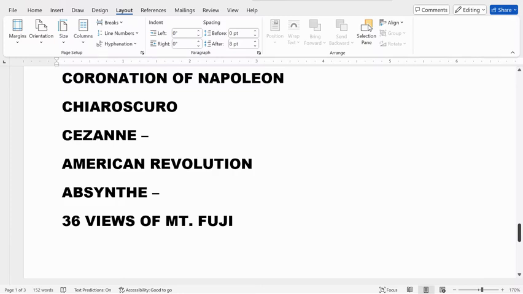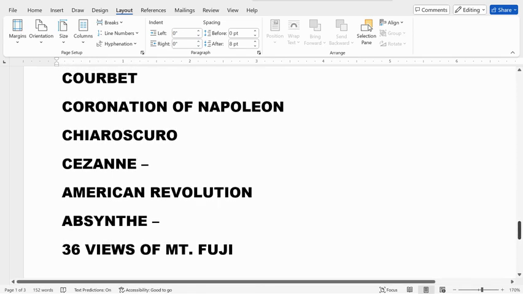And the painting, the Coronation of Napoleon, shows up on the test. And what I'm looking for here is, what is the purpose of this painting? Yeah, the purpose.